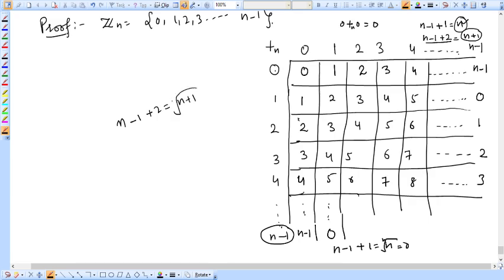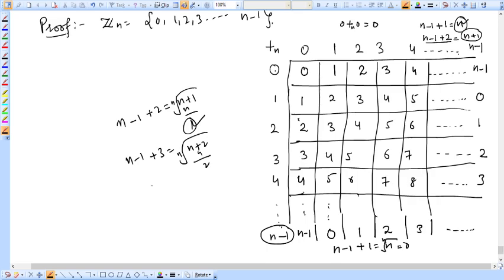N plus 1 when divided by n, we get 1 as the remainder, so 1 is the remainder here. Next, n minus 1 plus 3 is equal to n plus 2. When n plus 2 is divided by n, we get 2 as the remainder. So 2 here, similarly 3 here, and so on.